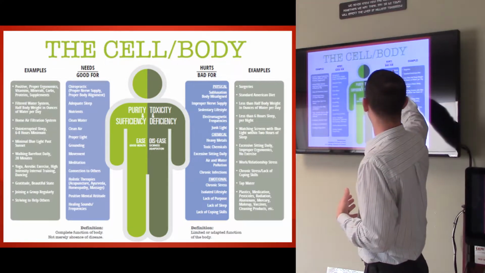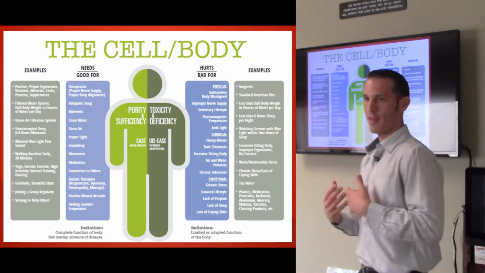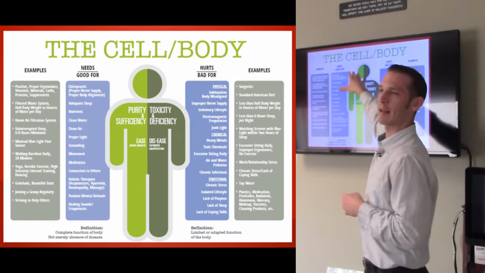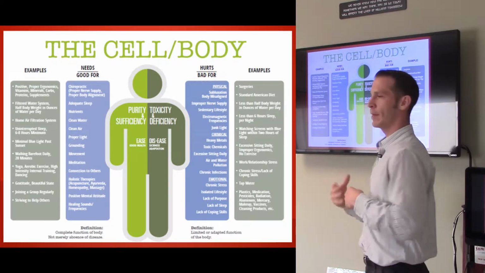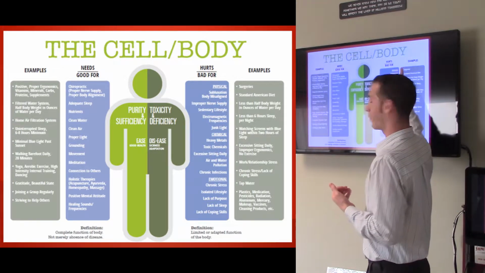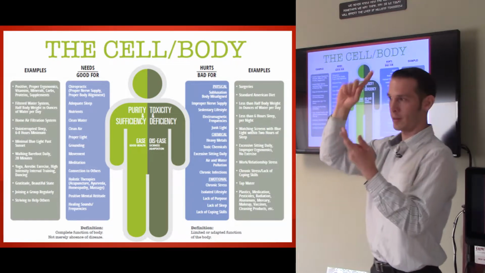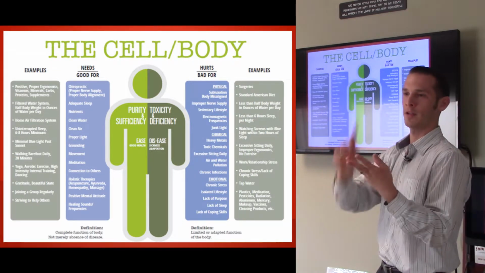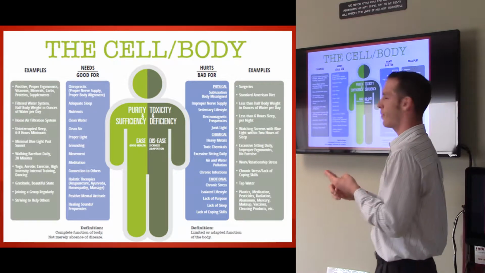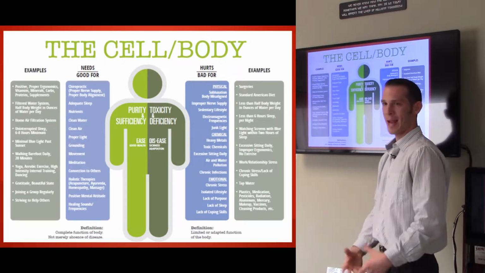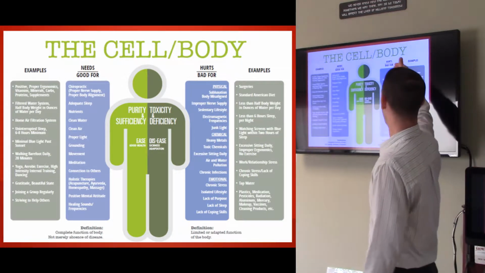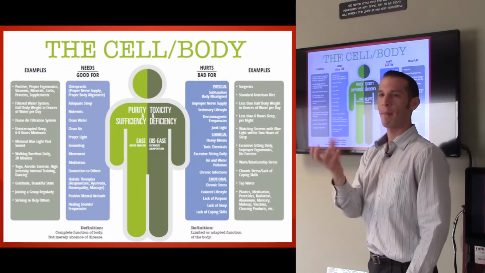So there are three types of stresses that can negatively affect the body, and for those of you that have been in my class, you'll know about them. There are physical stresses, chemical stresses or toxins, and then emotional stresses or thoughts. When we're talking mechanics, we're going to focus primarily on the physical and the chemical effects.